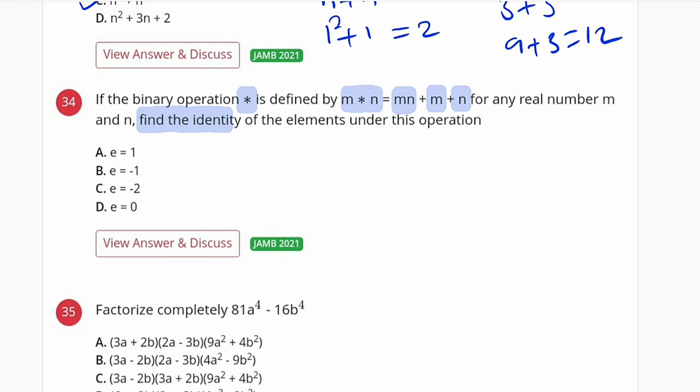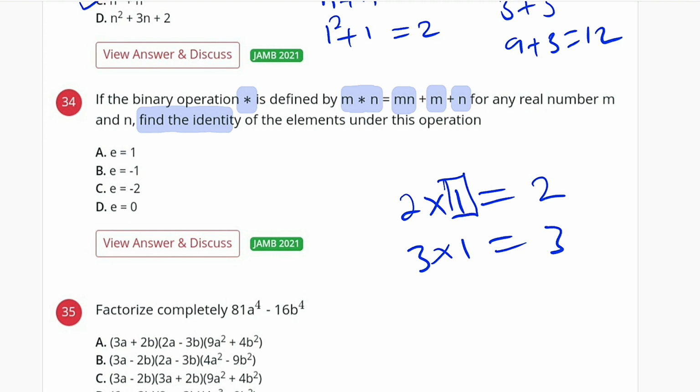So what does an identity element do to a value? It doesn't change it. For example, under multiplication, 2 multiplied by 1 is equal to 2, 3 multiplied by 1 is equal to 3. Whatever number you take and multiply by 1 is still that number. Therefore, 1 is an identity under multiplication.